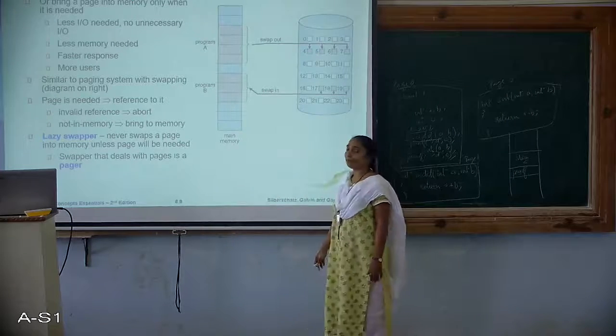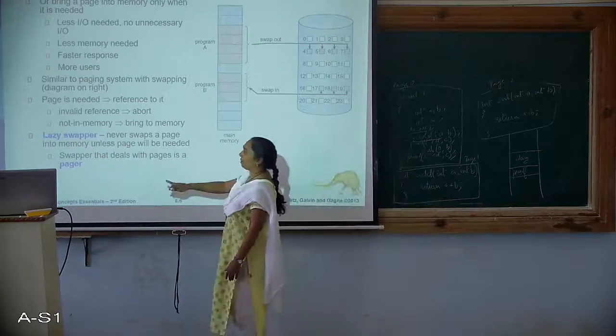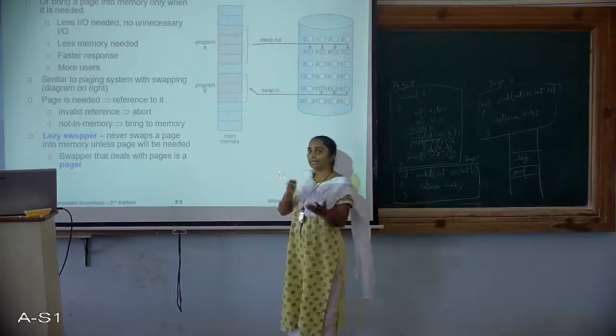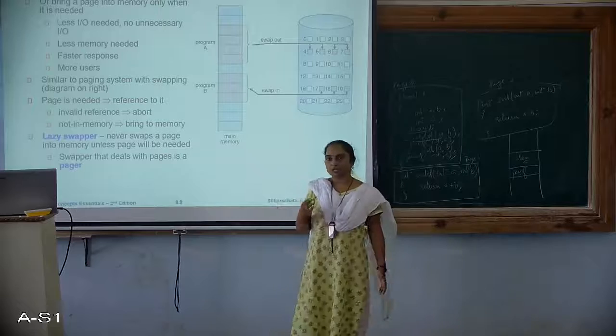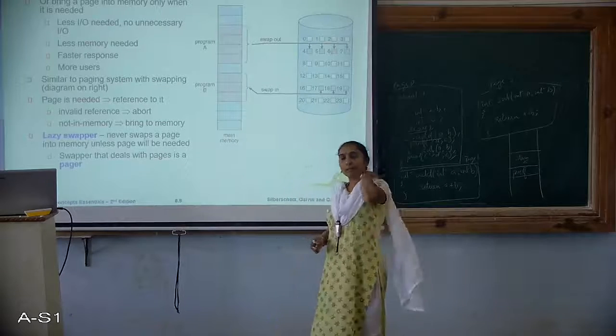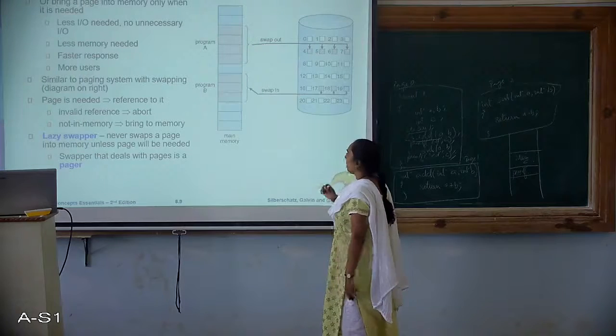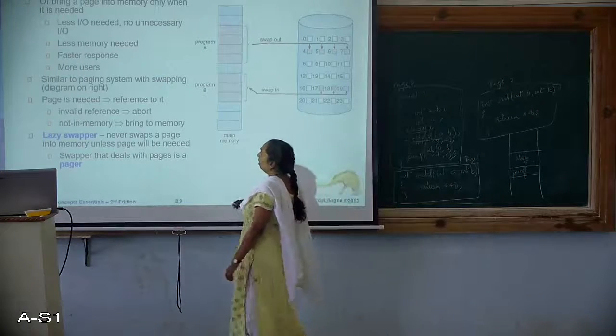Here the swapping is not a normal swapper, we call it a lazy swapper. Why is it called a lazy swapper? Because we are not swapping the entire process in and out. We are only swapping the page that is required. So it is called a lazy swapper.